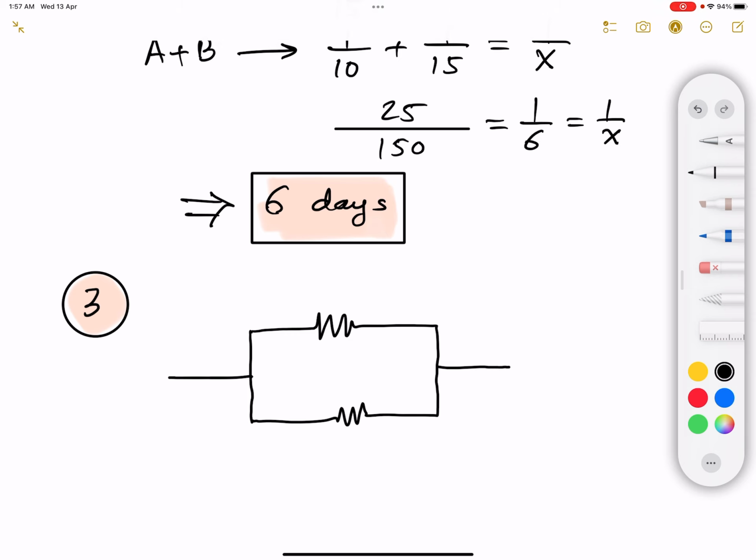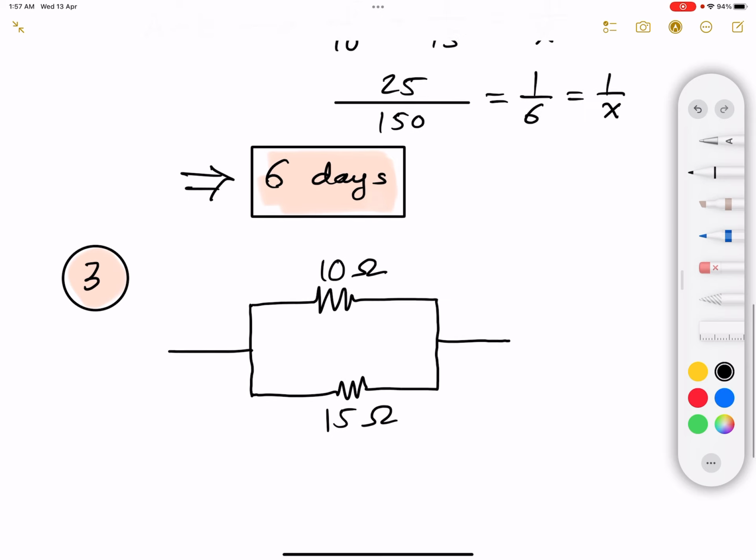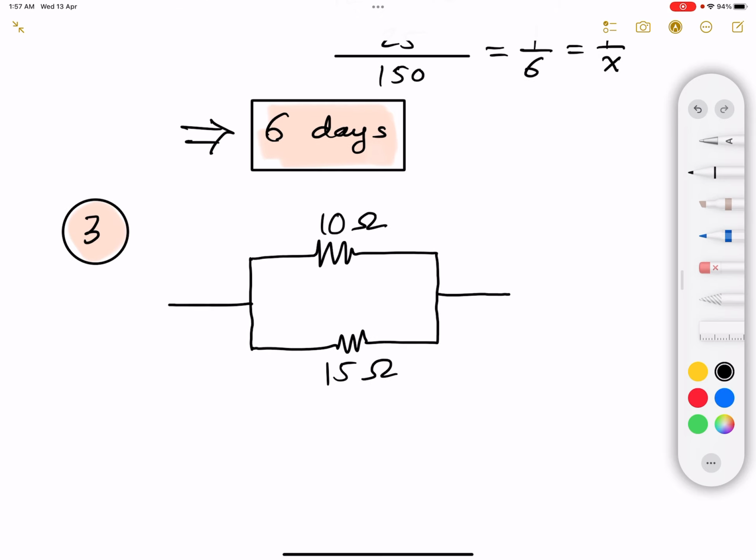I would call this resistor 10 ohms and this one 15 ohms, which is the number of days it takes A and B to finish the work once. If they work together, it would take them R equivalent days, so what we need to do is find R equivalent.